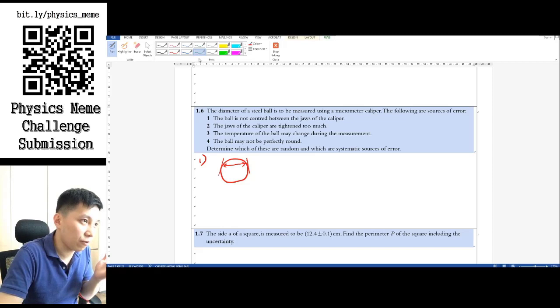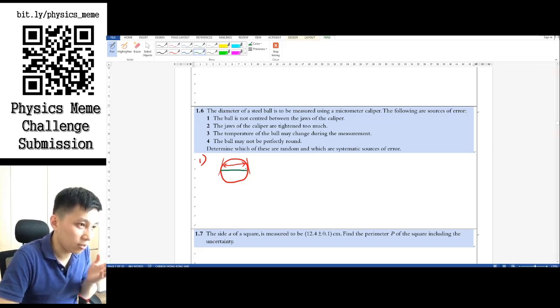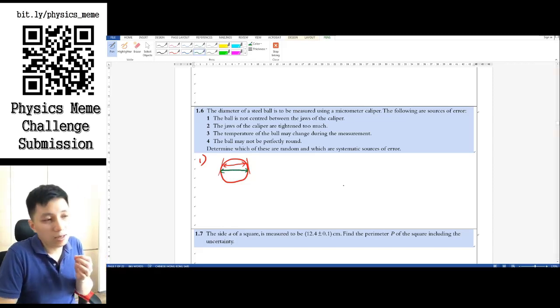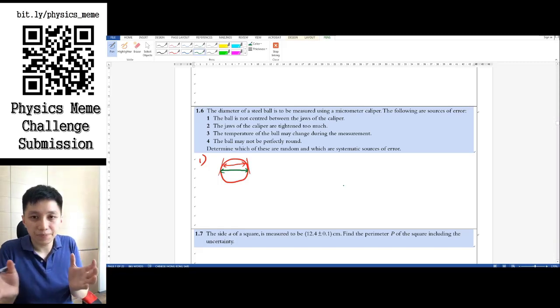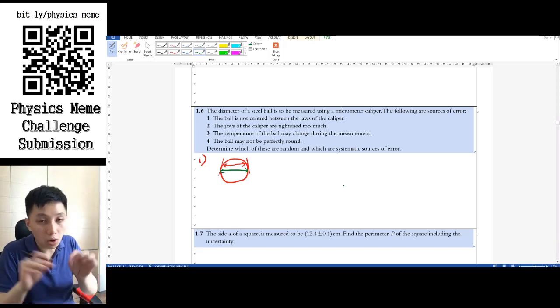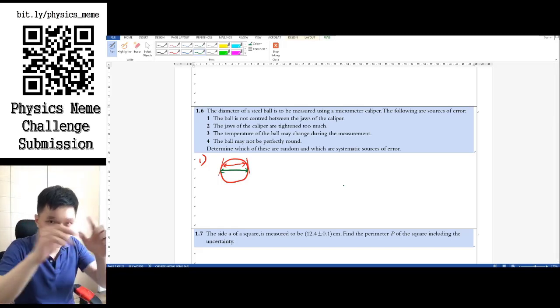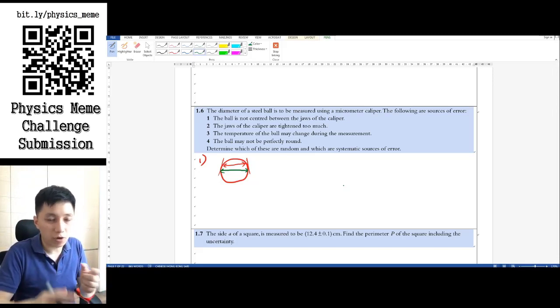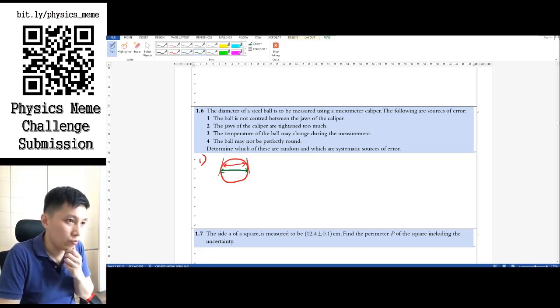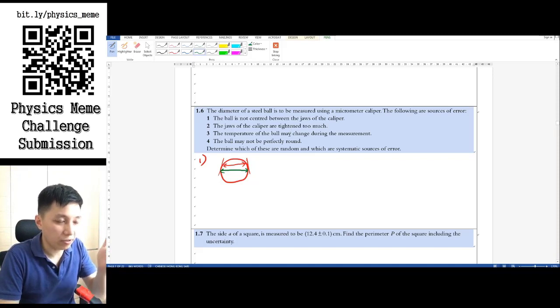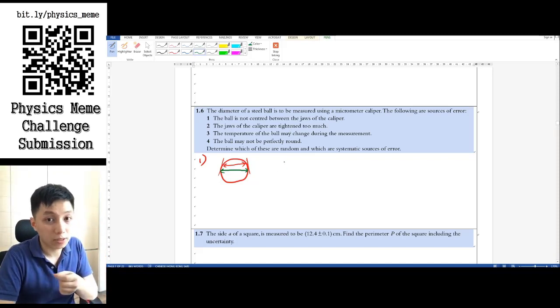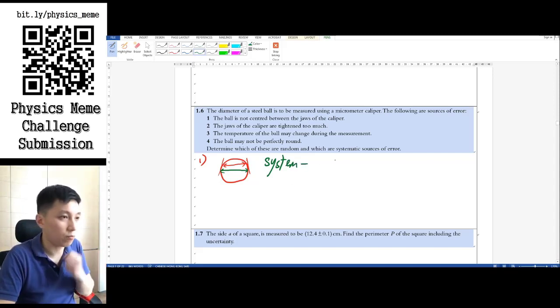This is, of course, much exaggerated, but you can see that since the diameter is the longest distance that you can measure within a spherical object, if the ball is not centered, then it's always smaller. So when we say always smaller, that must be a systematic error for number 1.